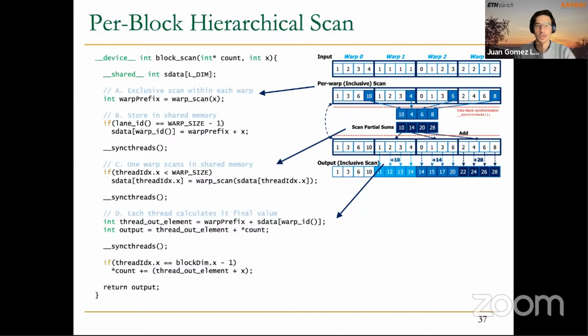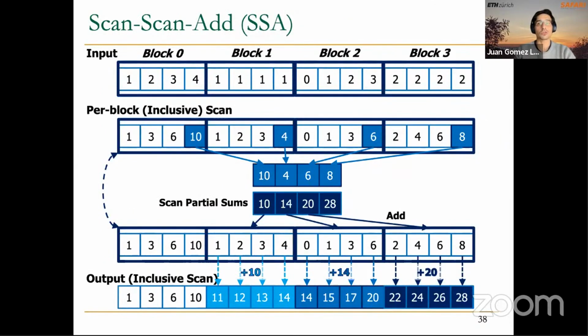But now let's go back to the complete hierarchical scan that assigns the input to multiple blocks and performs 3 steps. Remember that these 3 steps are first this per block inclusive scan, then we have the scan of partial sums, and then we have the add operations, right?